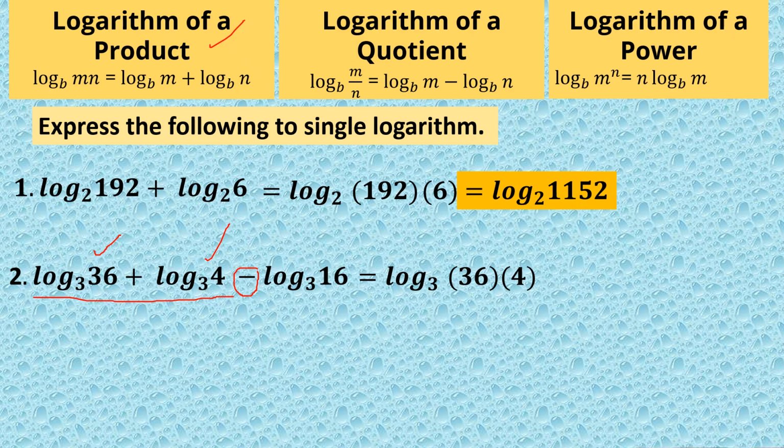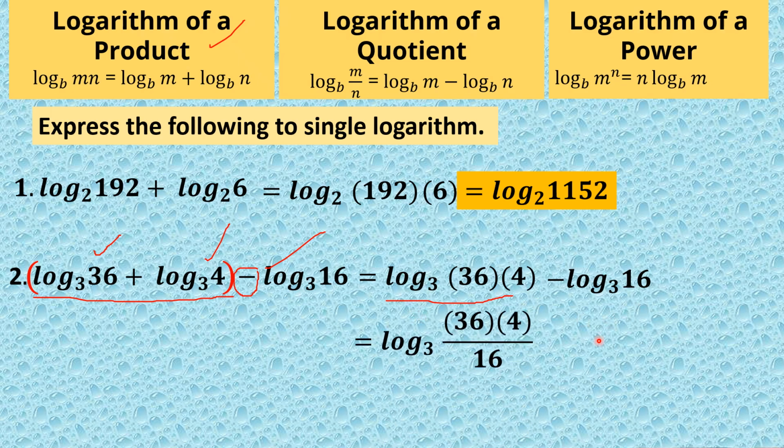The first part we have written using the logarithm of a product, and we rewrite it, so we have log of 36 times 4 to the base 3 minus log of 16 to the base 3, which will then be expressed in this way.